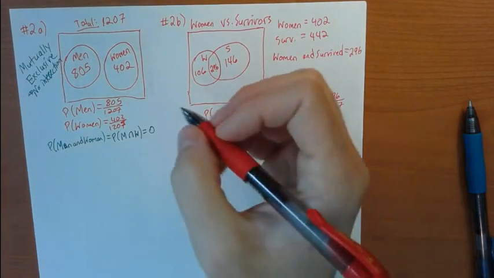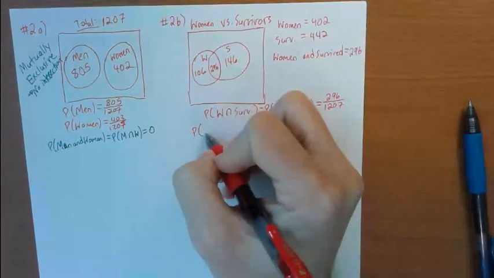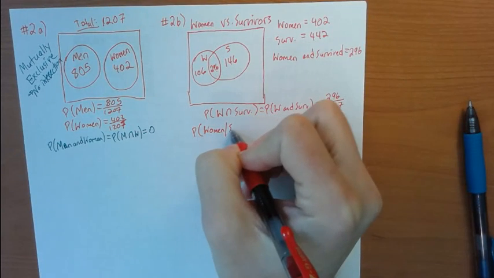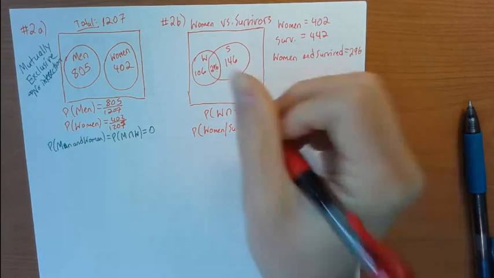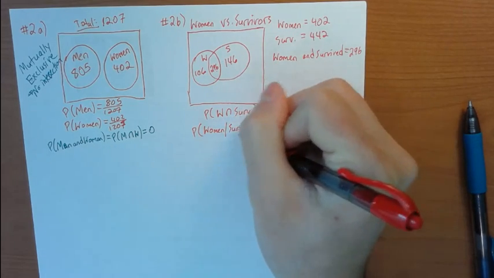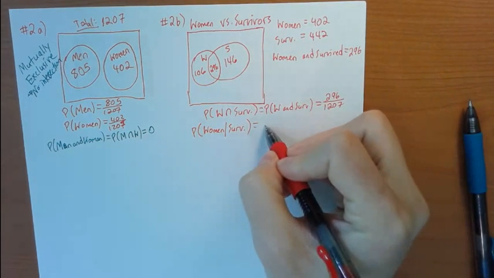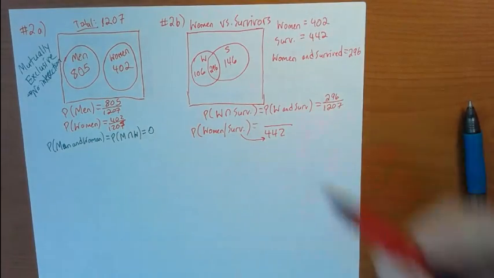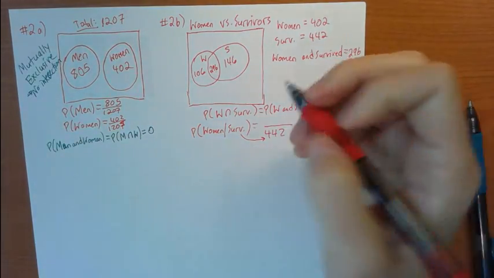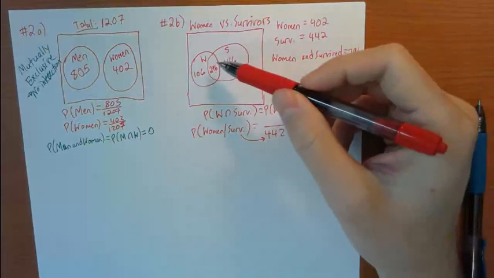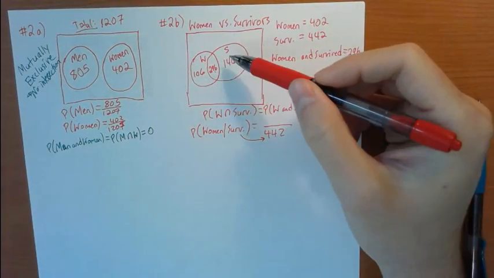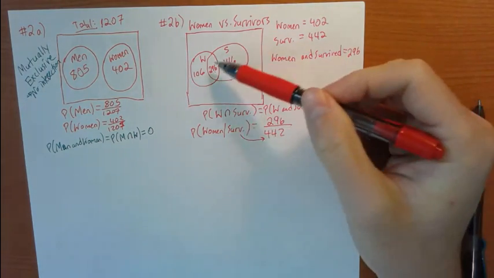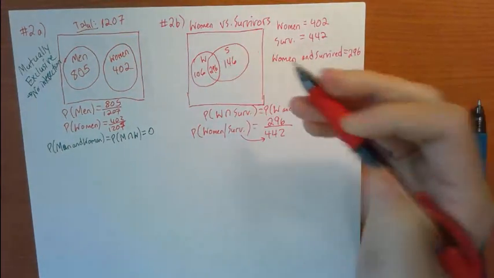So another one we could do is a conditional probability. So the probability of being a woman given that you survived. So remember that the survivors is what we're picking out of. So the total survivors is 442 people. And then out of that number, how many were women? So of the women that survived, 296 were women out of the total survivors. So we would have 296 is the women part of the survivor circle.